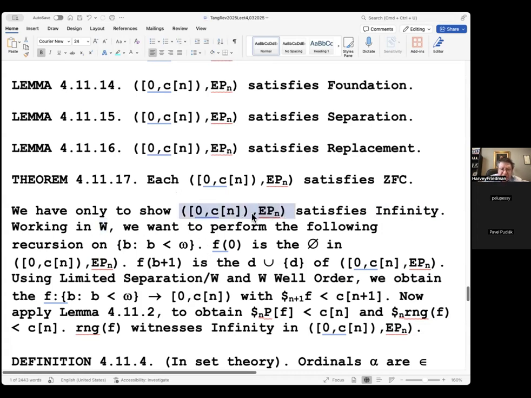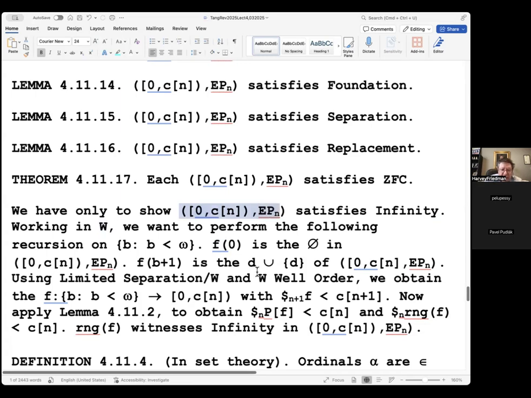It's not a matter of being integers in the usual sense. We're talking about epsilon connected transitive sets, you see. So we can do a recursion in W and actually build up the integers in the sense of this structure.